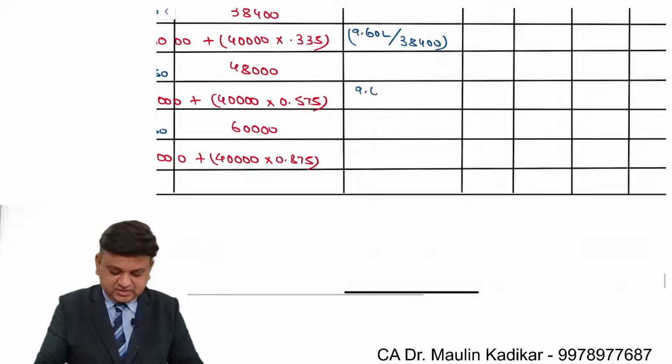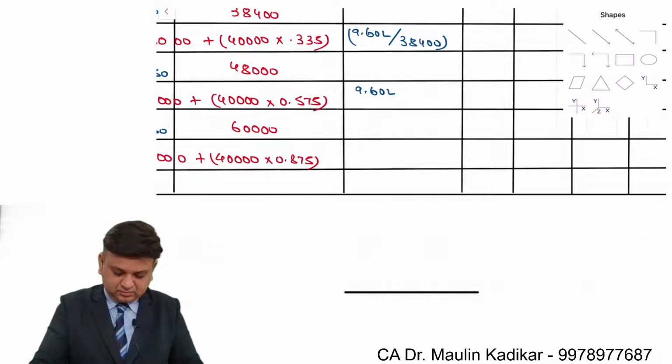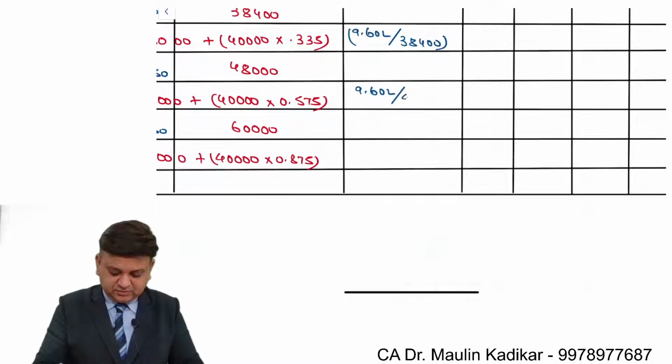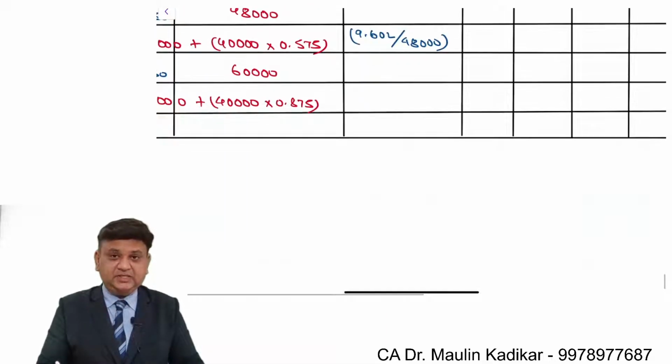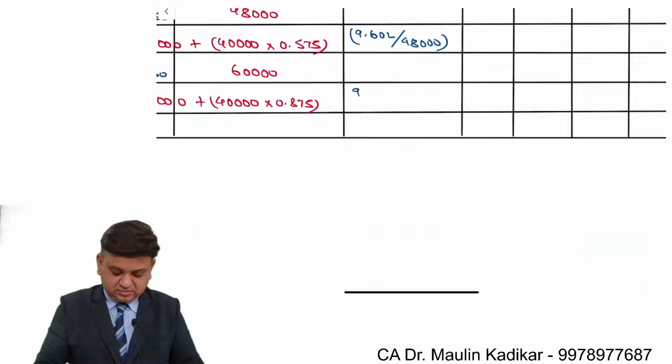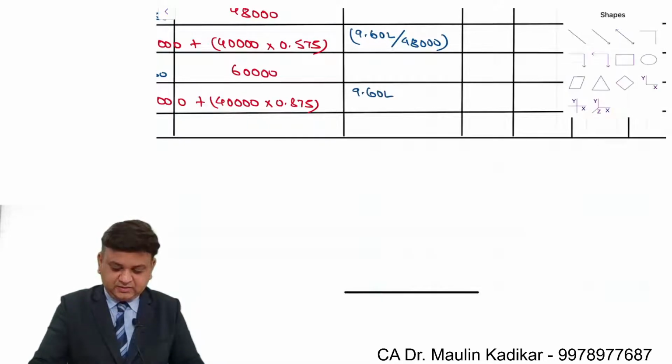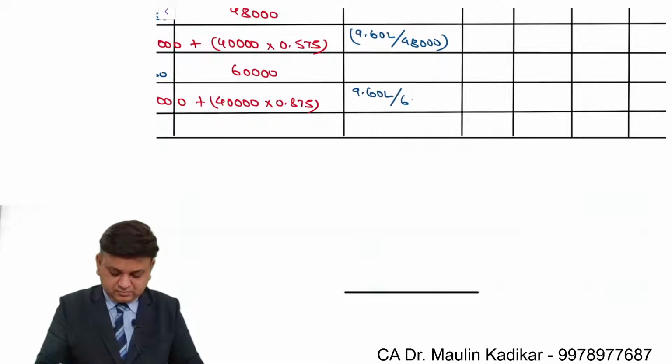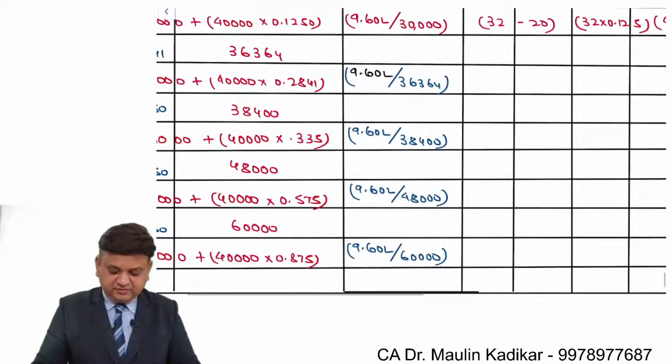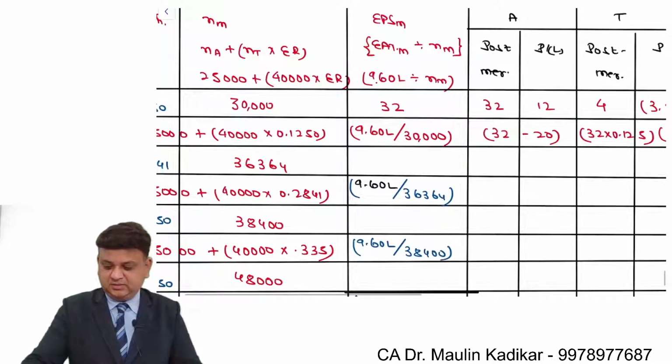Again 9,60,000 divided by 48,000. Next is 9,60,000 divided by 60,000. This is the way we can compute the EPS.